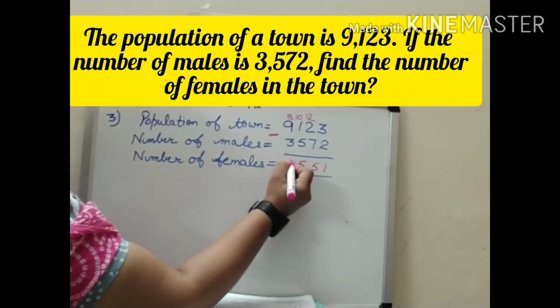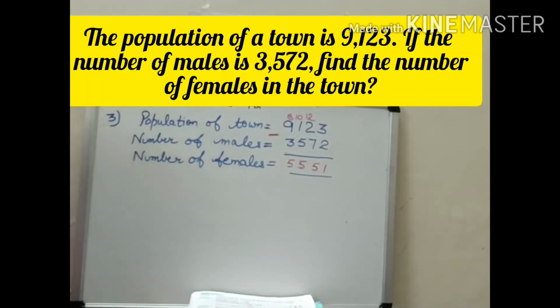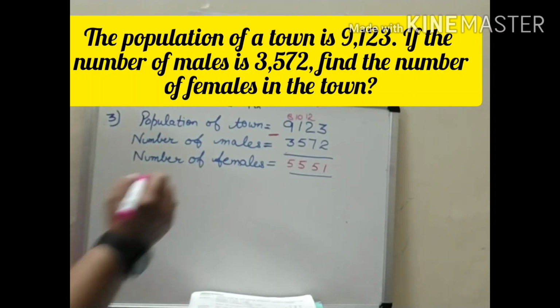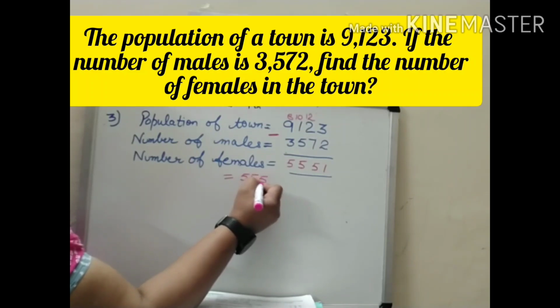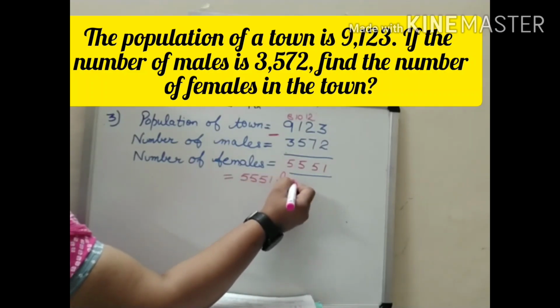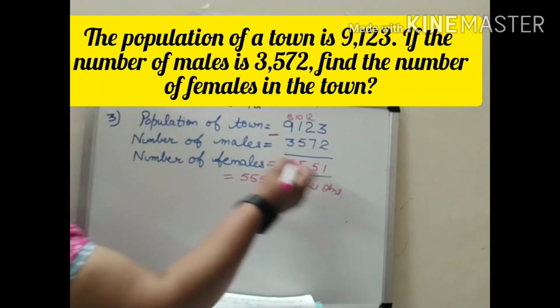If you totally understood, then also no problem, but it's better if you write, then there will be no confusion. And we will write the answer separately. 5,551 females, answer.